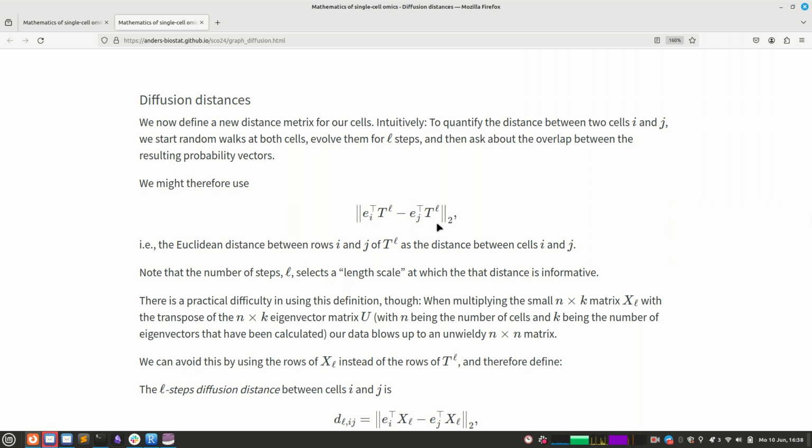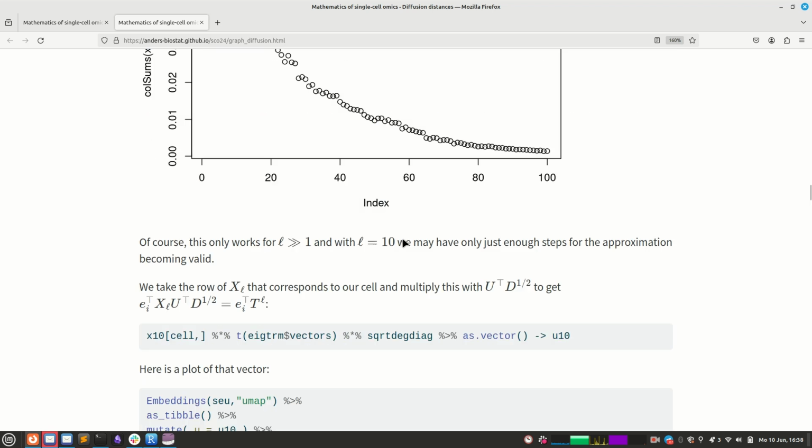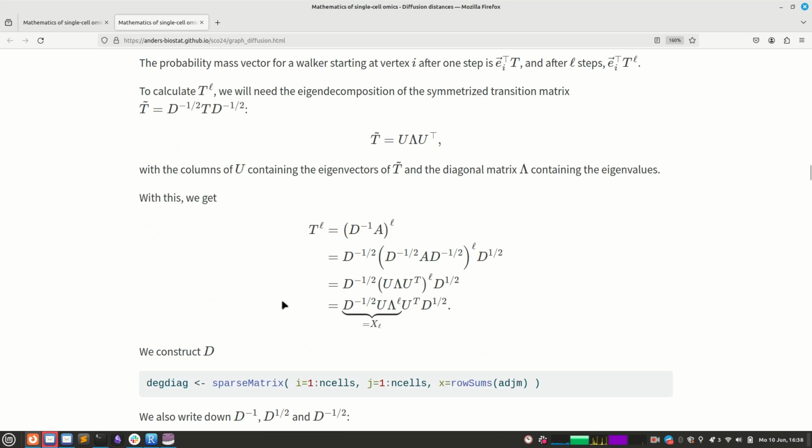But that turns out to be not a good idea, because in order to do that, we have to calculate the effect by calculating this formula up to here. Once I've started with this one point and calculated up to here, I have a vector which describes the diffusion patterns, but not as a probability vector over all the cells, but only using the top 100 eigenvectors.